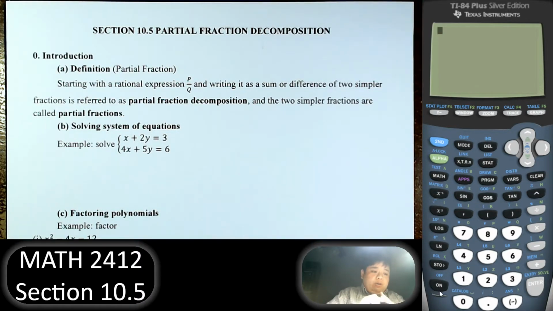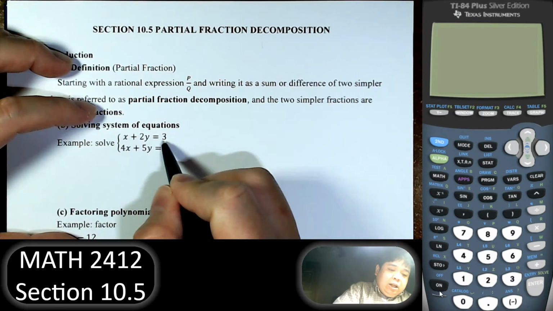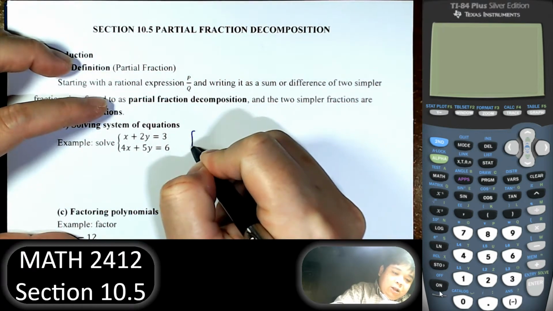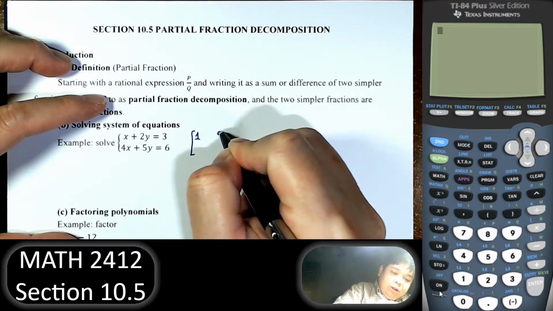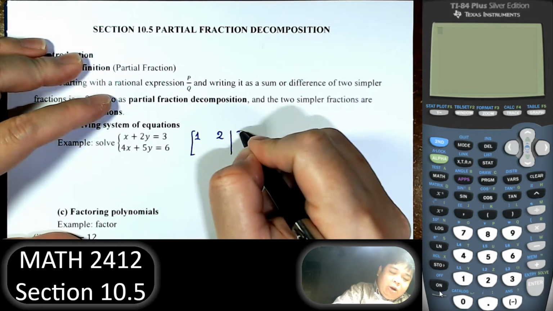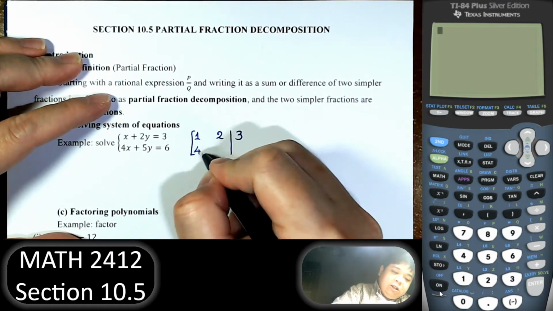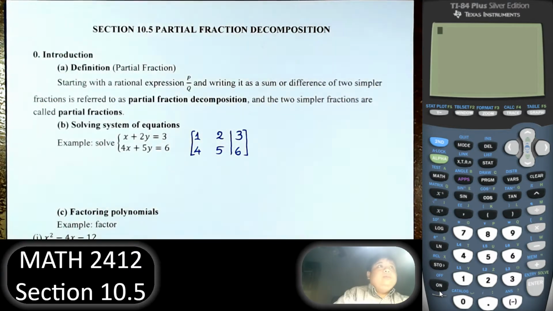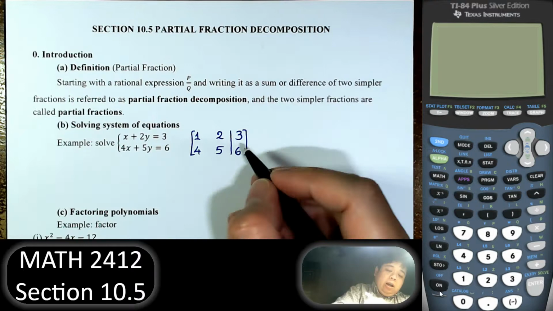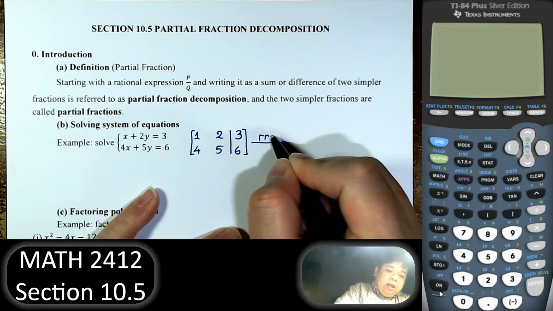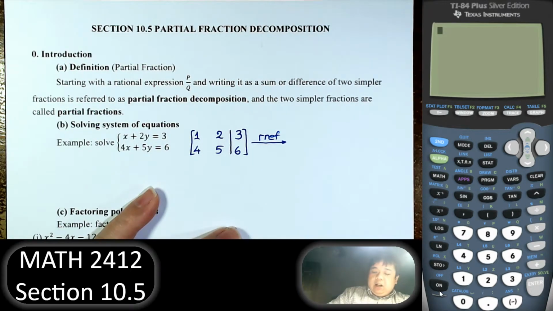First, we're going to put this in matrix form, and that's called the augmented matrix. So put 1 and 2, the equal sign, just draw the vertical line, and then we write the number on the other side. Then we do RREF. This is from linear algebra.